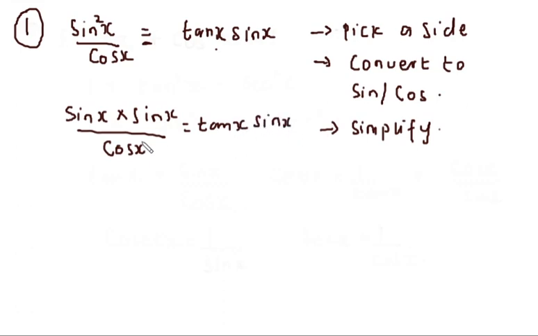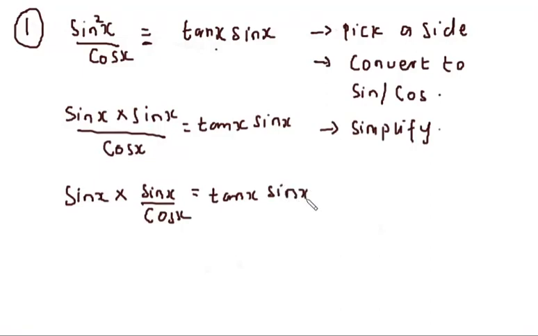This can also be equal to sine x times sine x over cos x. From our relationship we know that tan x equals sine x over cos x, so we replace sine x over cos x with tan x.